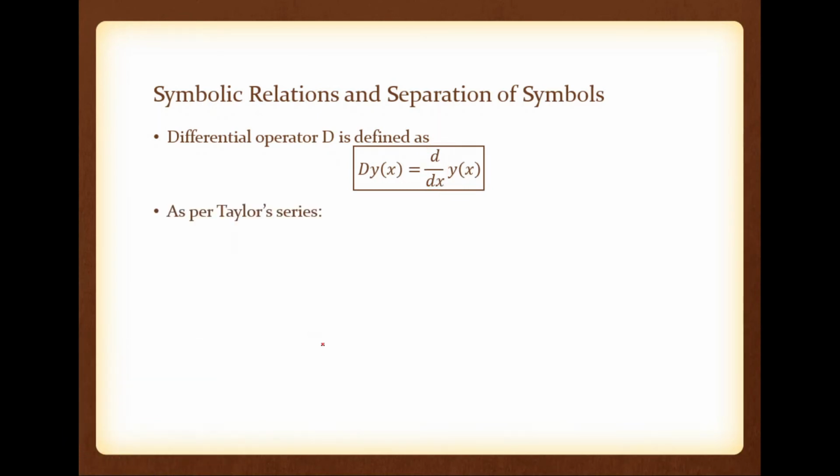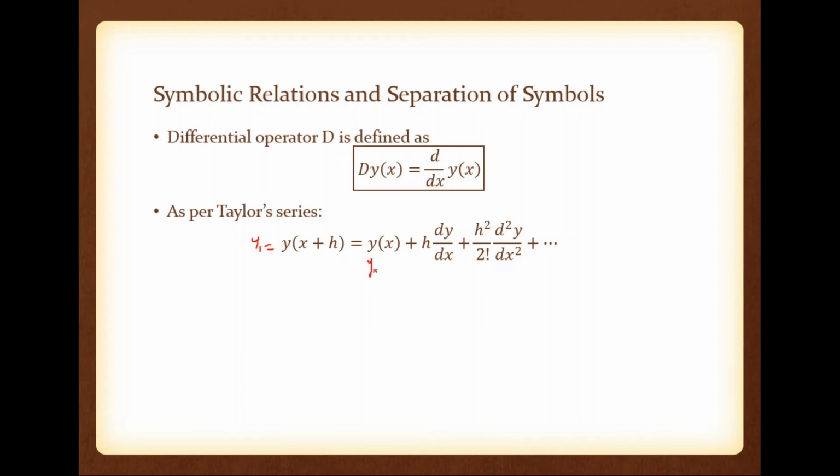So please note, as per Taylor series expansion, if y of x is the current data, we can write the next data y of x plus h, that is y1. y1 is nothing but y of x plus h, where y of x is y0.